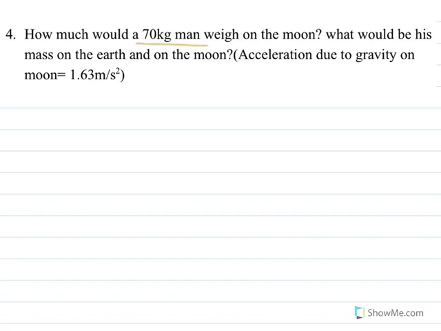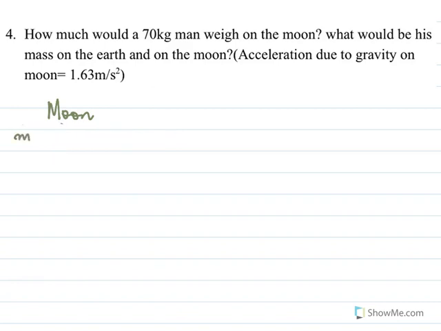How much would a 70 kg man weigh on the moon? What would be his mass on the earth and on the moon? Acceleration due to gravity is 1.63 meters per second square on the moon. In this sum, we are given information about the moon. Weight is not given, the mass on the moon is given. So let's cancel this out.